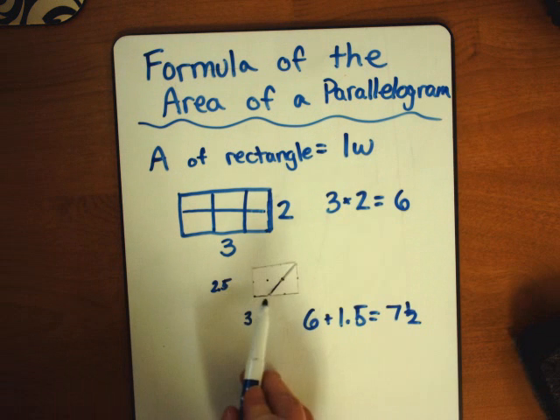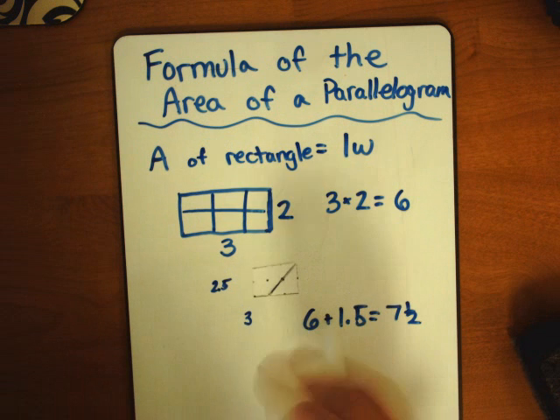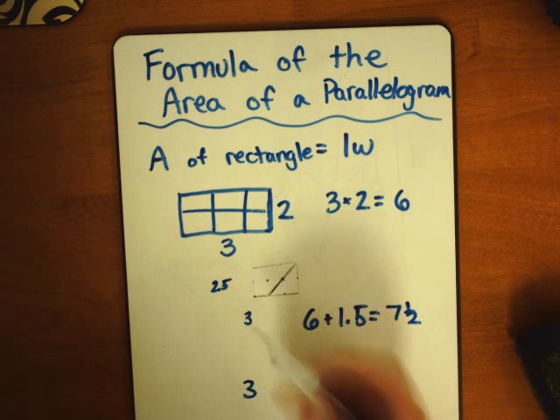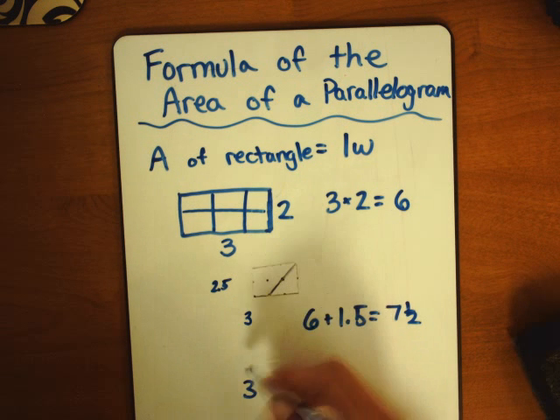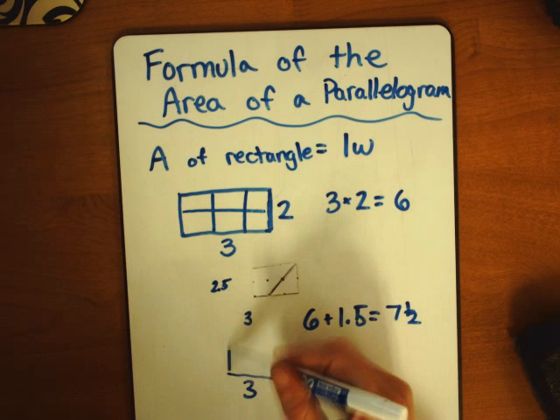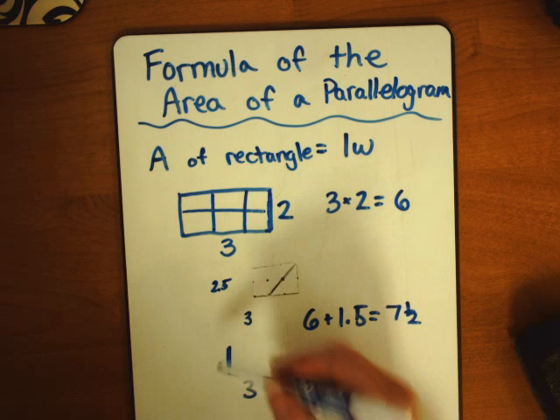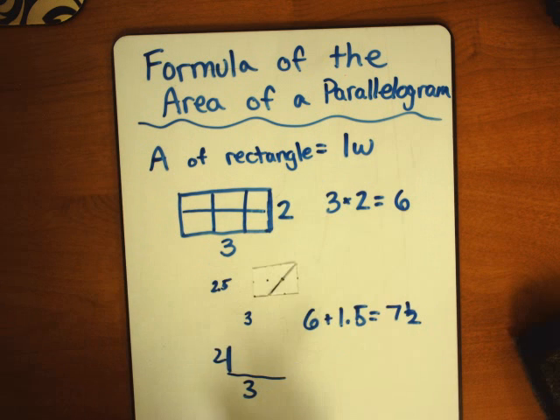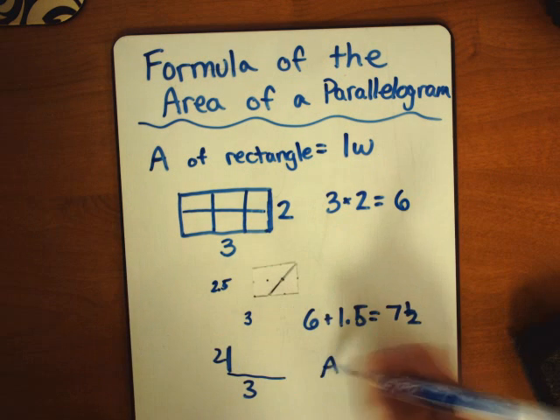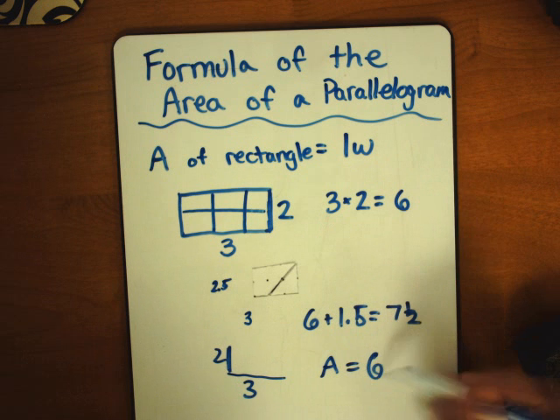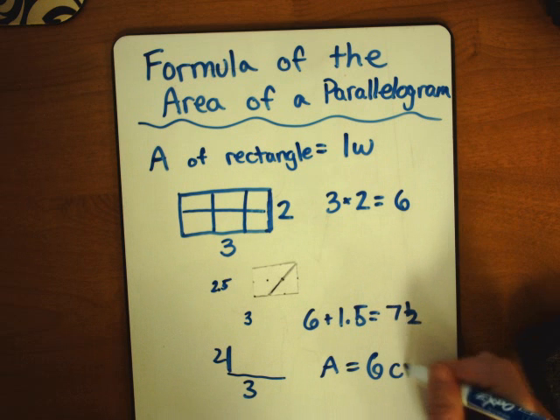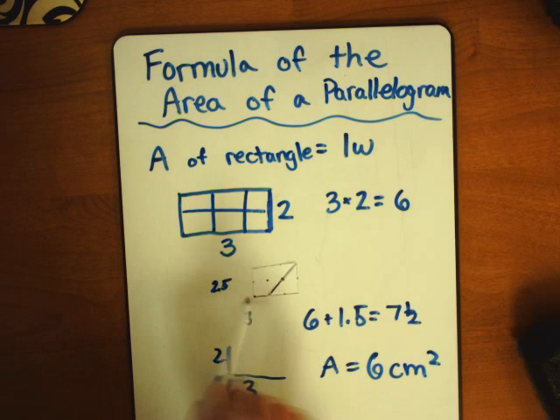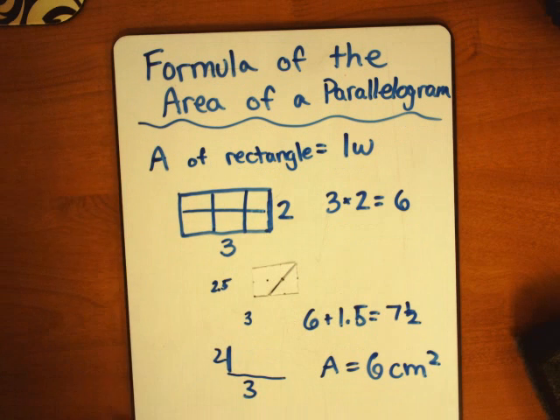So I've got 1, 2, 3 units on my base, by 2 on my height, or my width there. And then when I multiply 3 times 2, my area is equal to 6. That would be centimeters squared. Each one of those is a centimeter wide.